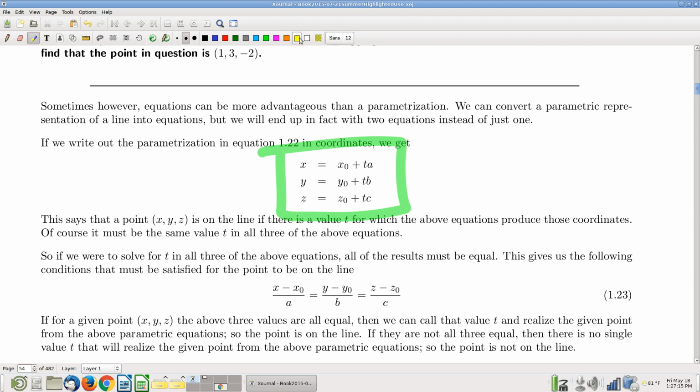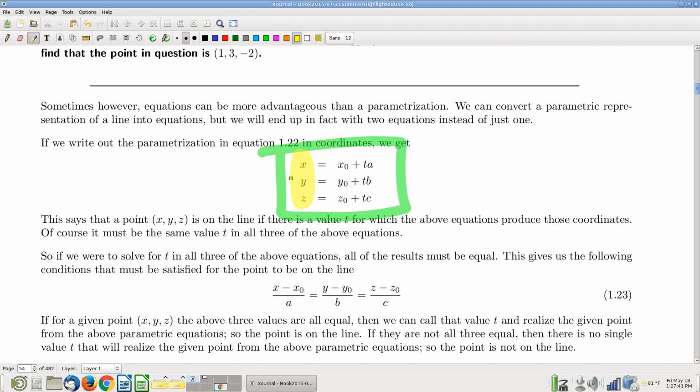So you give me an x, y, z. Is there a value of t that will generate these exact 3 coordinates? Now, very importantly, I need to know that there is a single value of t. One value of t that I plug in, and that one value of t gives me all 3 of these coordinates. Same value of t.